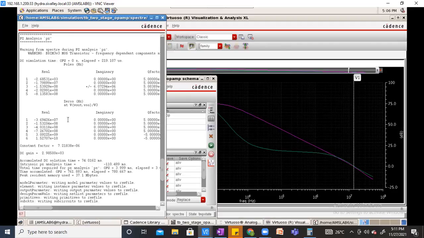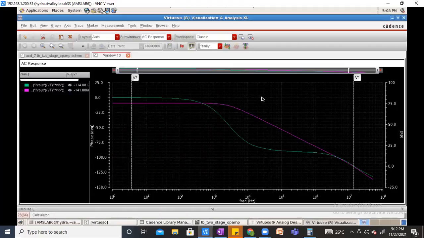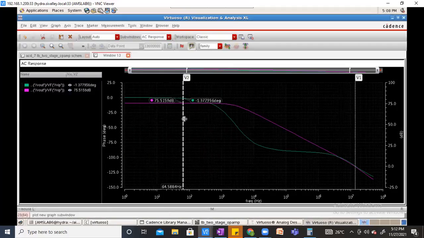Now you ask, why are we taking 5 to 10, even though it's beyond our unity gain bandwidth? So what will happen is, 2.6 kilohertz means somewhere here it is a pole.